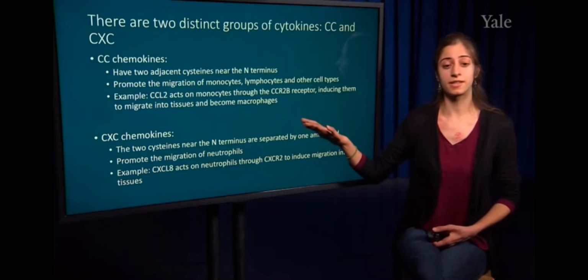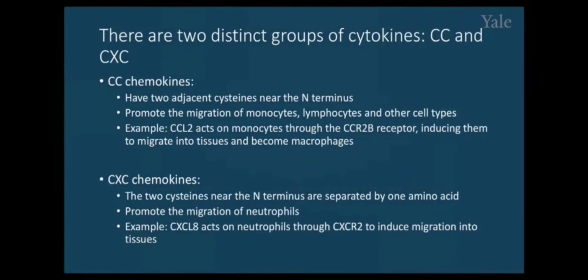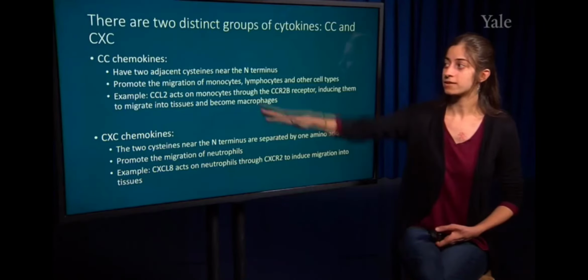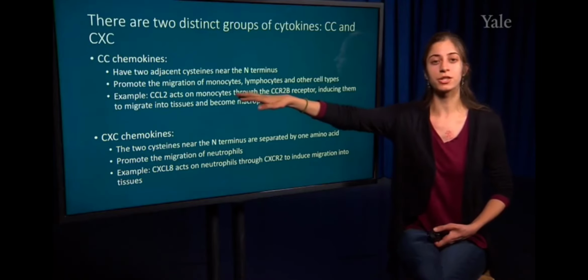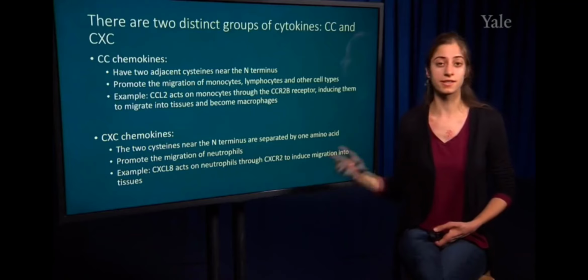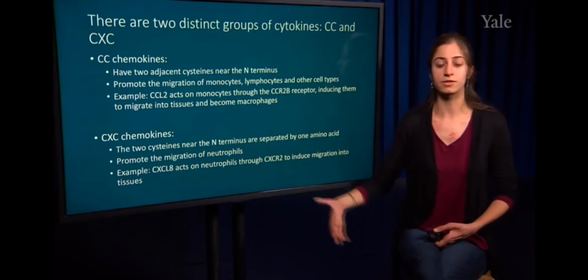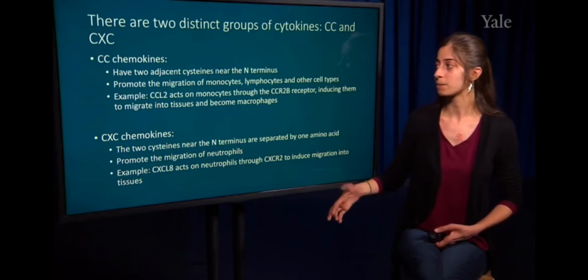There are two distinct types of chemokines, the CC chemokine and the CXC chemokine. These differ not only in their structure, but also their general function. CC chemokines have two adjacent cysteines near their N-terminus. Recall that cysteine is an amino acid that makes up the protein structure of the chemokine.